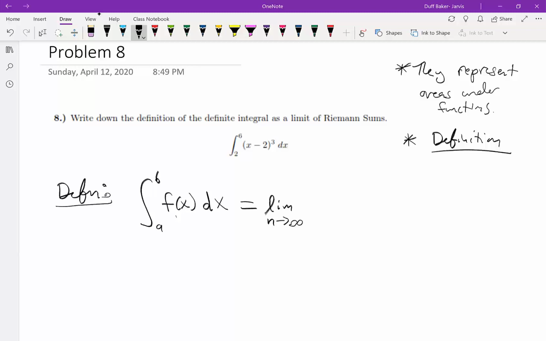And then you divide your interval 2 to 6 into a bunch of pieces. And the width of each rectangle is b minus a over n, delta x. And then you add up the areas of the rectangles, because each one will be the width times the height.